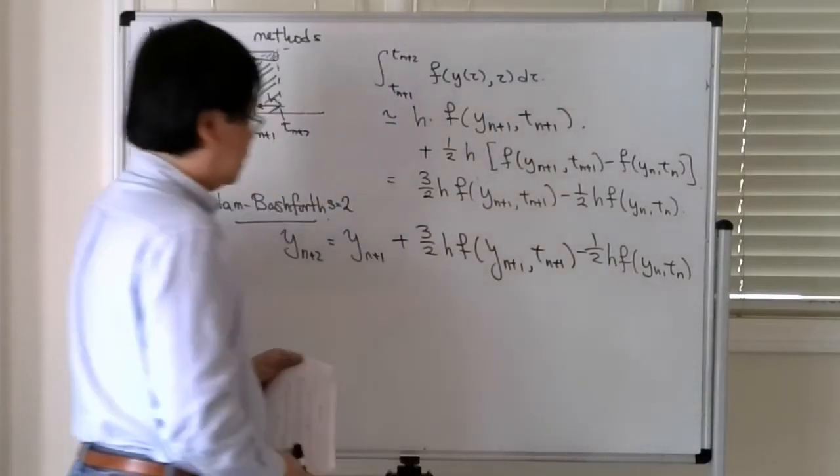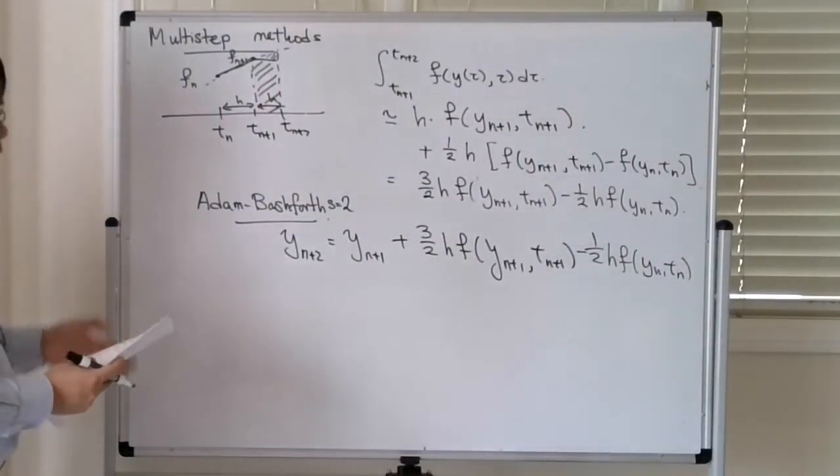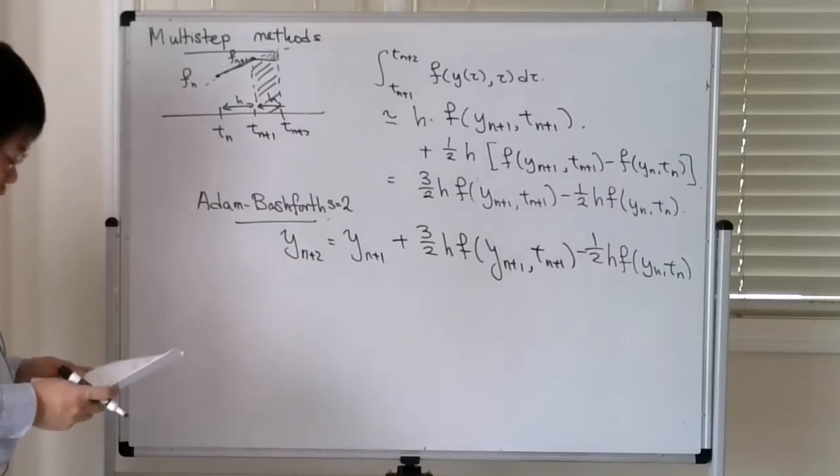So that's an example of a two-step Adams-Bashforth method.